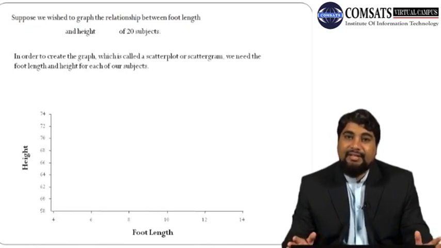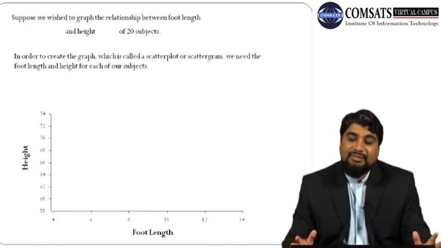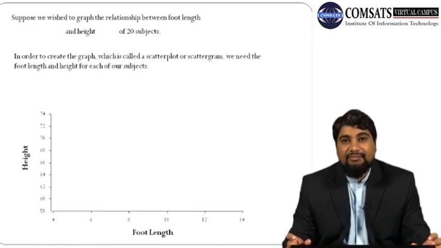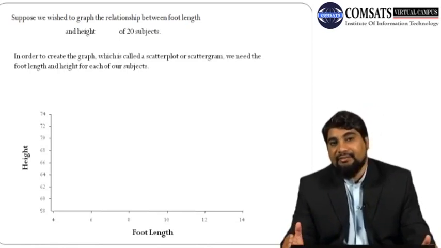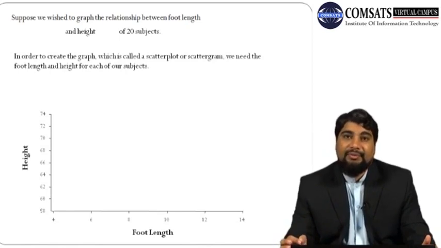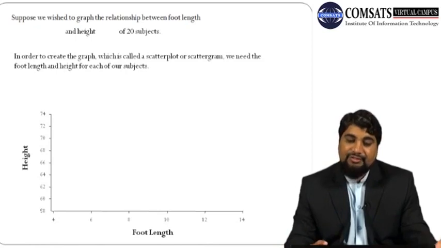So we need the data of the two variables, foot length, let us say x, and height, let us say y, on 20 subjects or students. The subjects may be individuals, students, or any other persons.